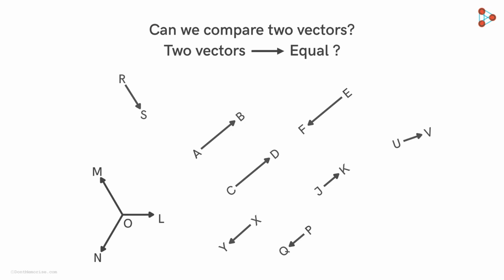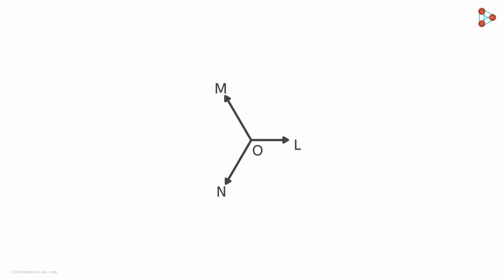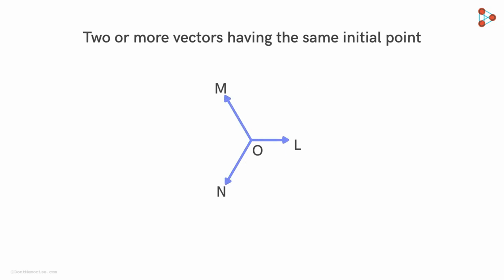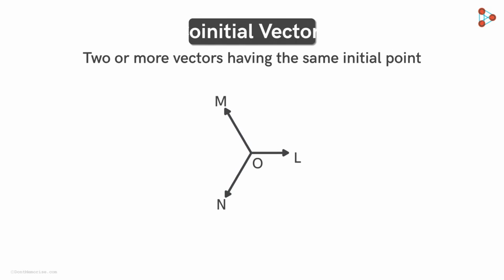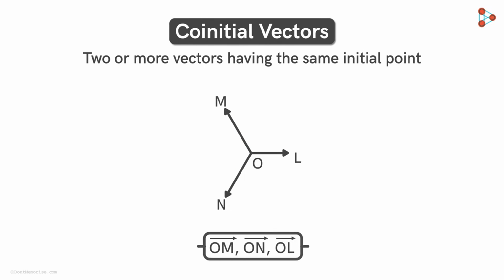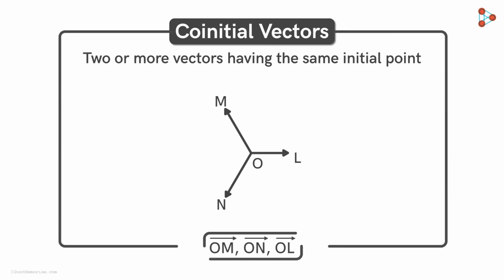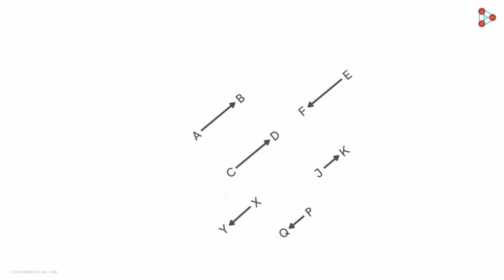First, let's consider these vectors. We can see that they all have a common initial point O. Two or more vectors having the same initial point are called coinitial vectors. So here, vectors OM, ON and OL are all coinitial vectors. Now consider these vectors.